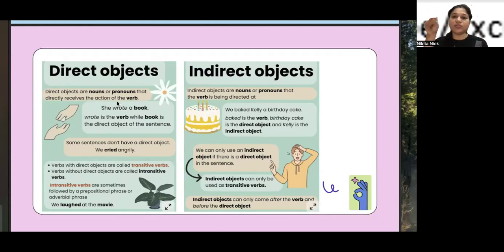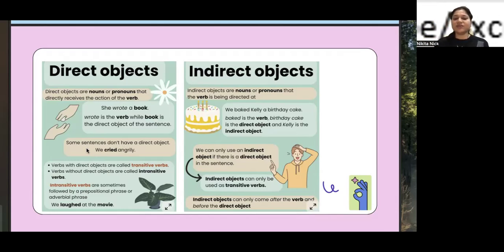For example, she wrote a book. What did she write? She wrote a book. So the direct object is a book. Wrote is the verb here, that is the V2 form, and book is the direct object of the sentence.